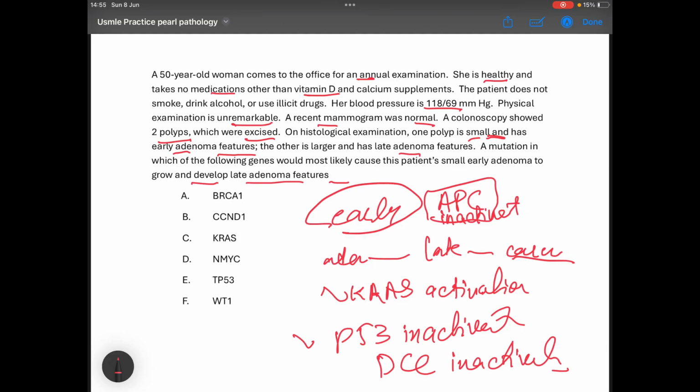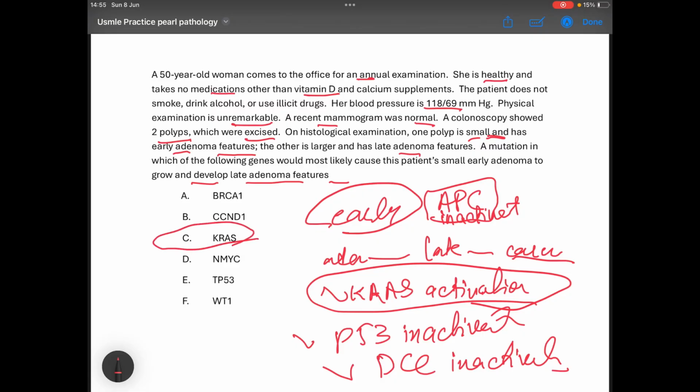These genes are responsible for early adenoma to late adenoma or also for adenoma to cancer. The most appropriate answer is KRAS activation. Okay? Because the progression from normal mucosa to small adenoma is attributed to the mutation of the APC tumor suppressor gene. Small, okay, from normal to small is due to APC mutation.